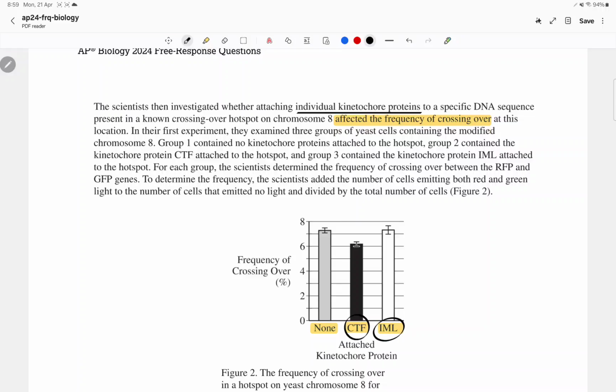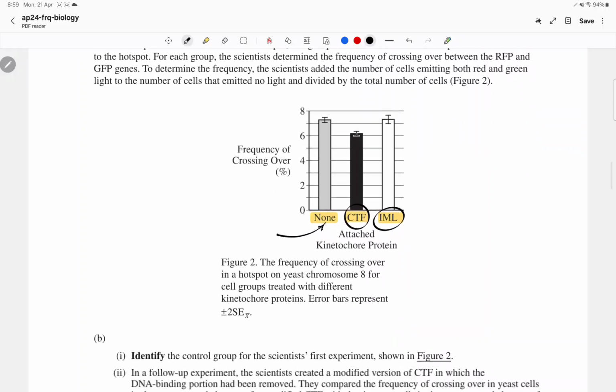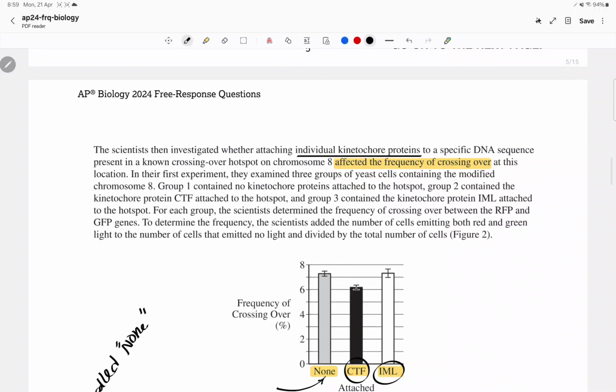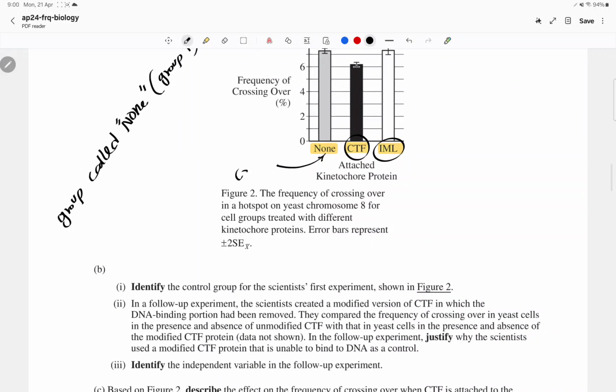That's not a control group either. The control group is the one without any kinetochore protein. So we will call that the group called none, which, if you remember, was called group 1. Or you could just say group 1. That's going to be our control, because it doesn't have any kinetochore proteins.